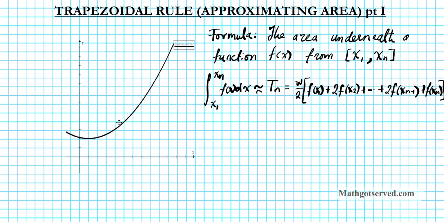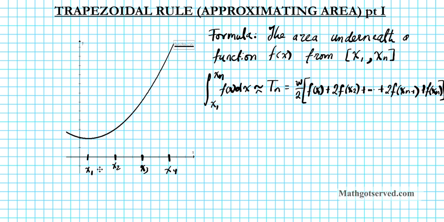Now let's take a look at this curve right here. Let's use n equals 3, okay? Let's say this is x. This is x of 1 right here, x2, x3, x4.